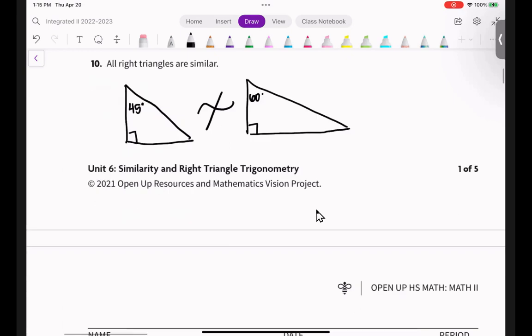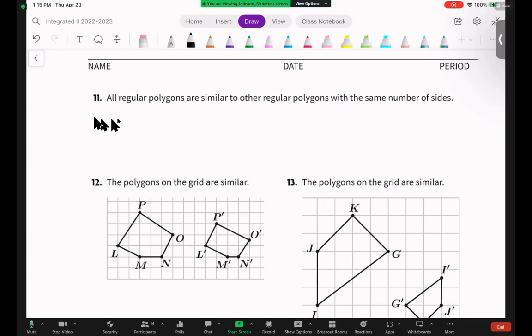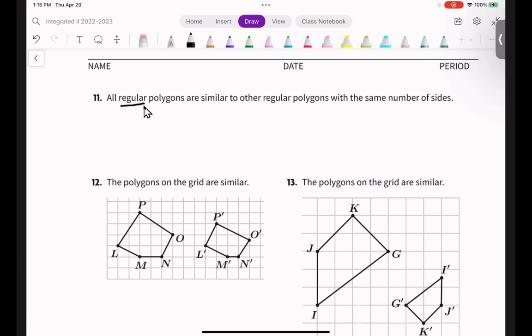Okay. Next one. It says all regular polygons are similar to other regular polygons with the same number of sides. So I'm going to read this one again. So all regular polygons. Do you guys remember what regular means? This is like a definition you might have had in like 4th and 5th grade, so it's been a while for sure.